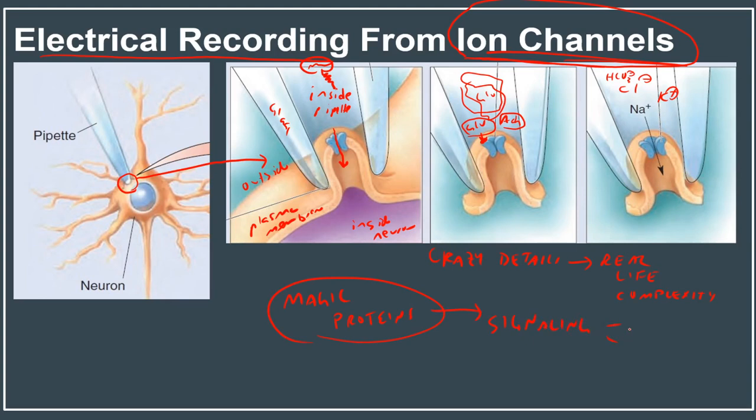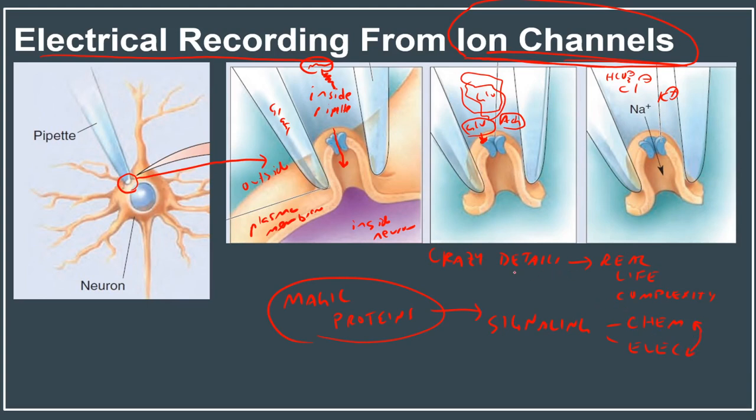And now you have a pretty decent understanding of what chemical signaling looks like and what electrical signaling looks like. Who are the players? How do they work? Obviously, there's differences, but there's more similarities than you would think.